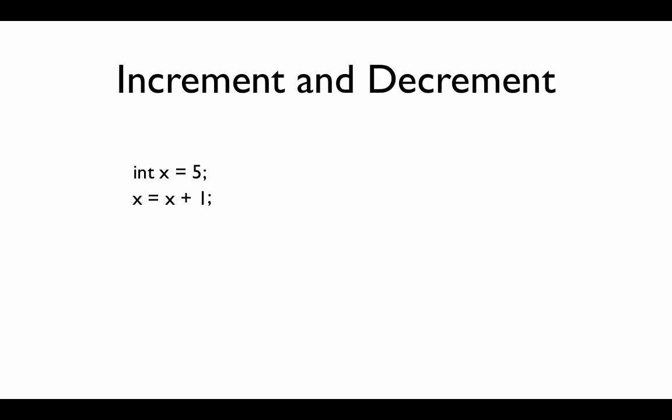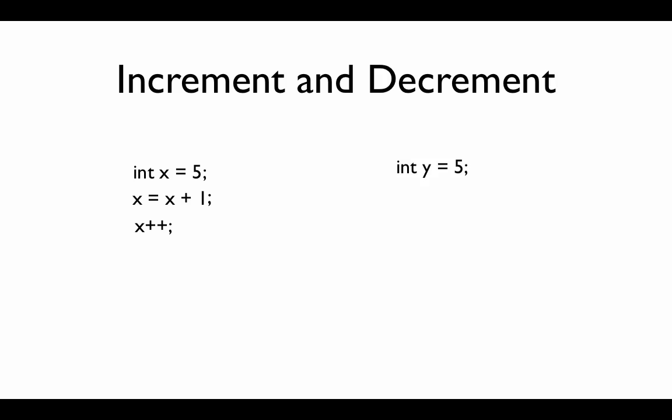But what if I just wanted to say this really quickly? I can just simply write x plus plus, which will increase the value of x. So if this was actual code right now, at the end of all three lines, x would be set to 7.